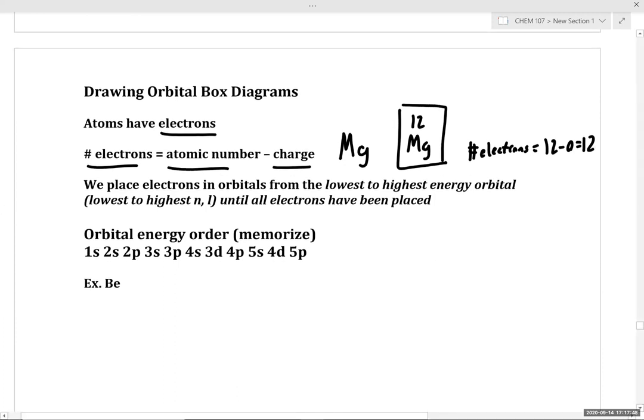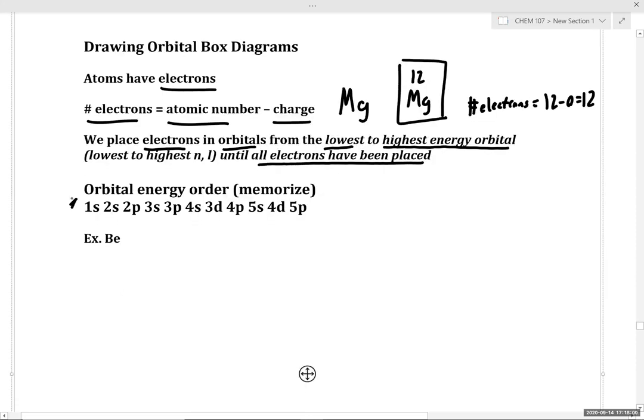Now that we have our number of electrons, we place our electrons in orbitals from the lowest to the highest energy orbital until all electrons have been placed. Now, there's an orbital energy order that you're going to have to memorize. And I always like to rewrite things to help me remember it.